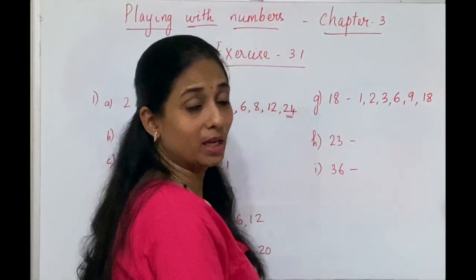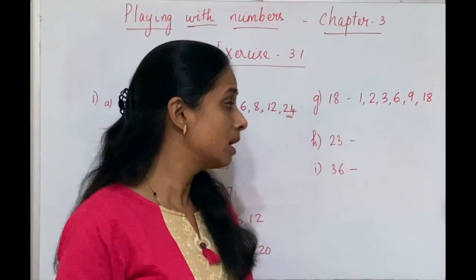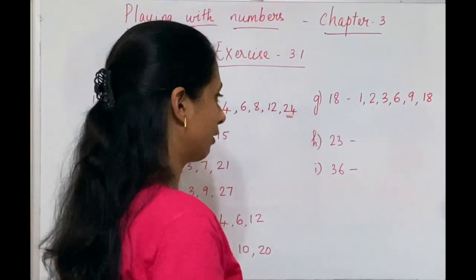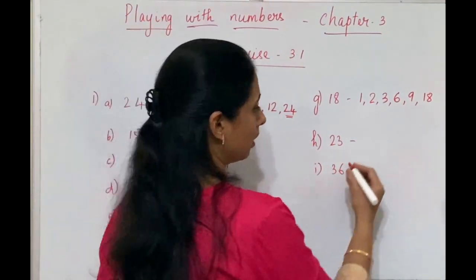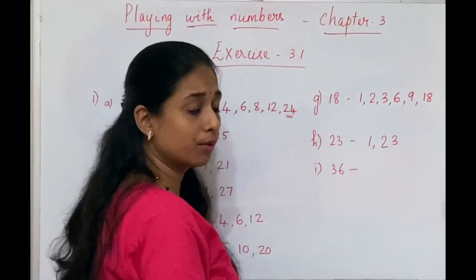Okay. What about 23? 23 is a prime number. What do you mean by a prime number? Prime number has only 2 factors, 1 and the number itself. 23 is a prime number. So I will write 1 and 23 are the factors of 23.